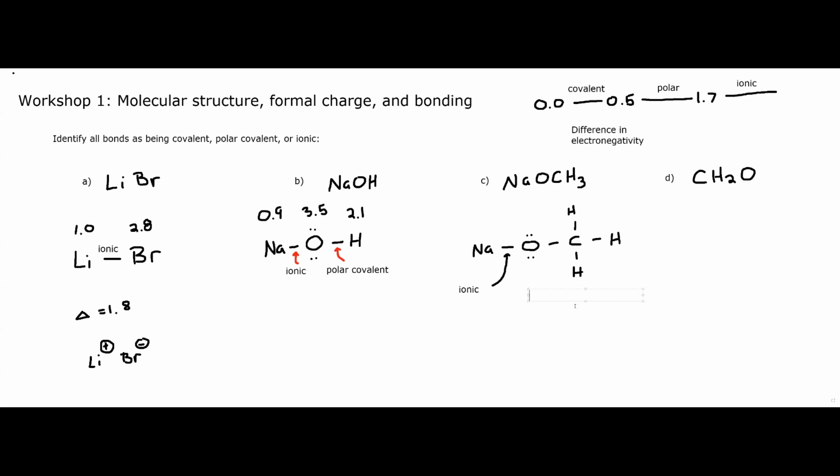And what about the CO bond? Oxygen to carbon. Hopefully we remember that's a polar bond. If we don't remember that, we can look at the electronegativities. And then the CH bonds, all 3 of these are nonpolar bonds.